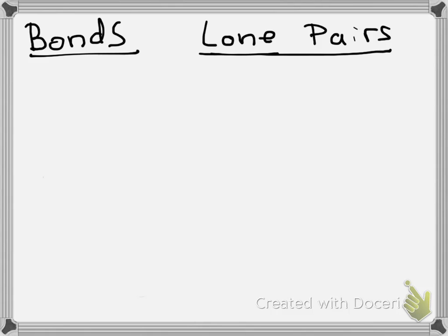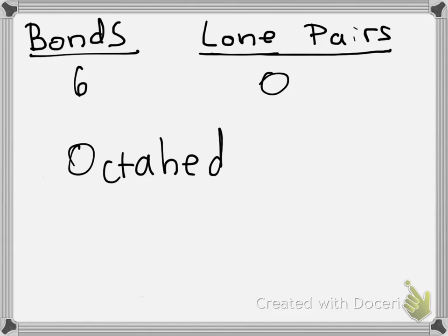And after this, we're almost done here. We have 6 bonds and 0 lone pairs, and this one is octahedral. And even though it's octa, which usually means 8, this one is actually 6, and it's drawn like this. And this one is also not polar.